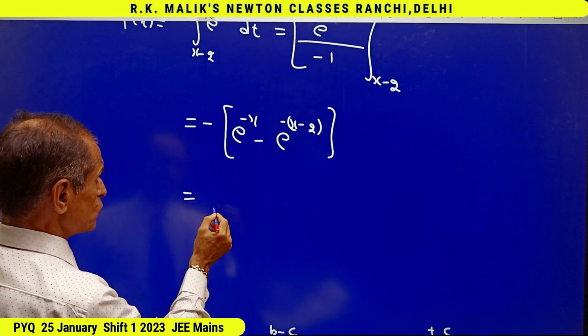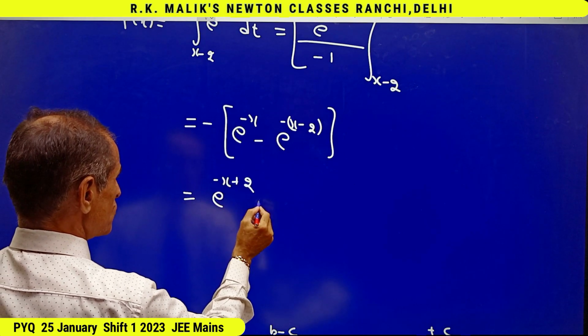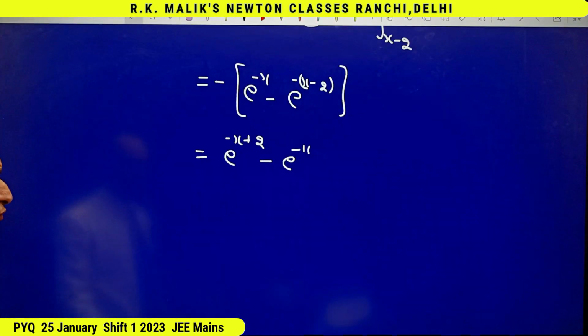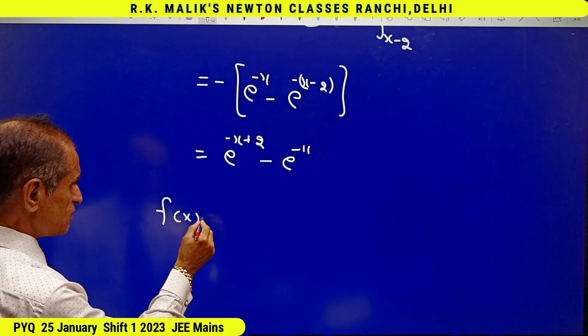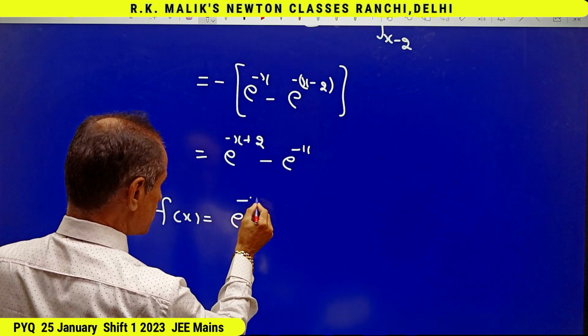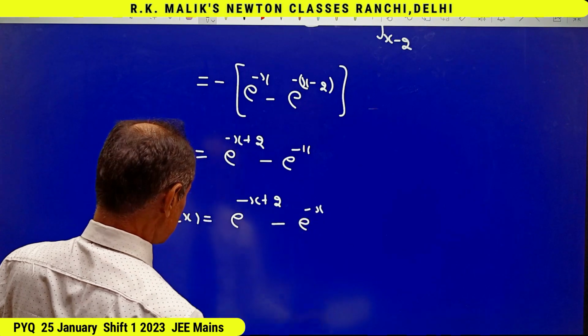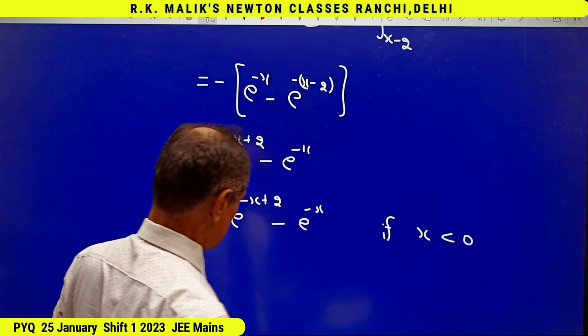That is, this is equal to e to power minus x plus 2 minus e to power minus x. Hence, we reach at the conclusion that f(x) is equal to e to power minus x plus 2 minus e to power minus x if x is less than 0.